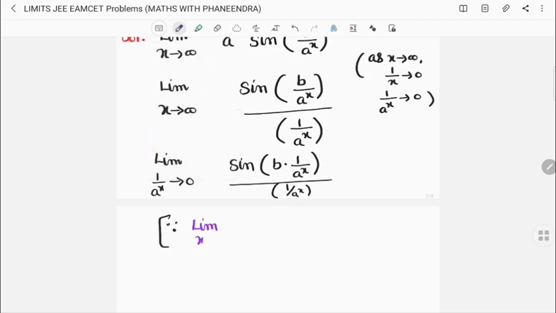limit x tends to 0, sine ax divided by x is equal to a. In place of a, what value is there here? b is there. Just for your understanding and writing.